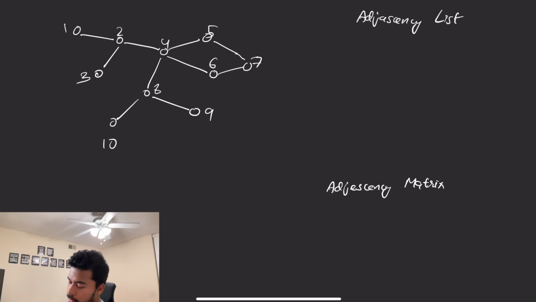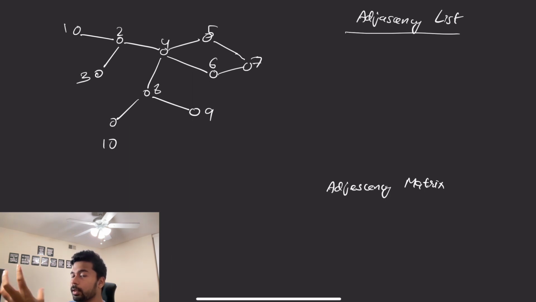So the adjacency list basically says that, okay, we're gonna go through every node and we're gonna note down the neighbors that each node has, right?